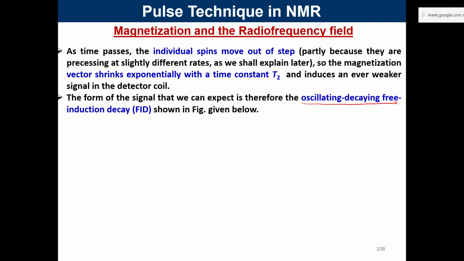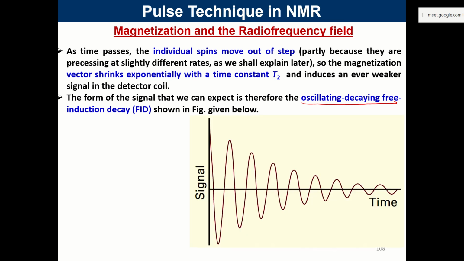Oscillations gradually decay. The amplitude, the magnitude of the vector, goes on decreasing, and it happens in an exponential manner like this. This is the decay of the signal gradually with decreasing amplitude. This was your value M, and now it becomes small.